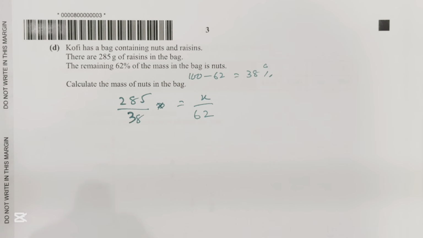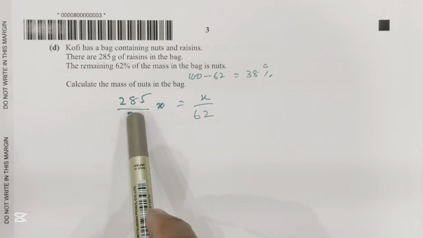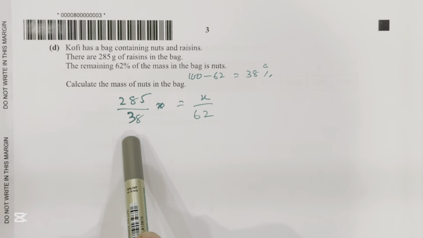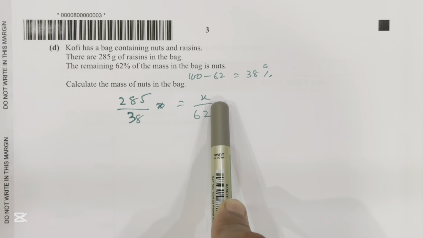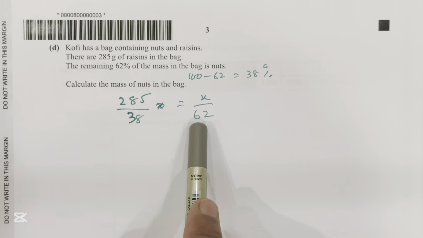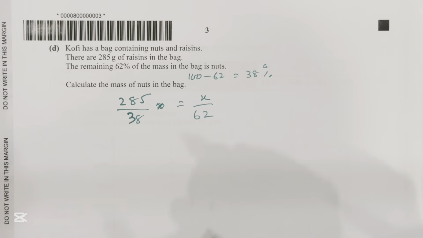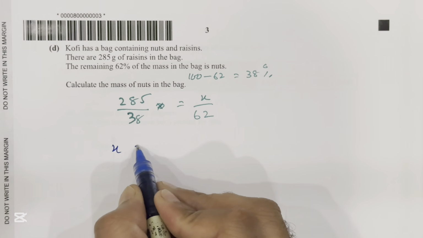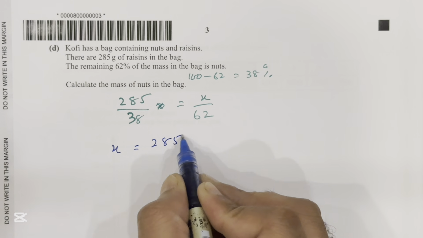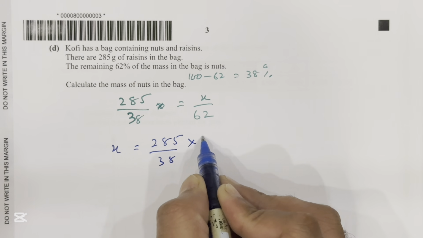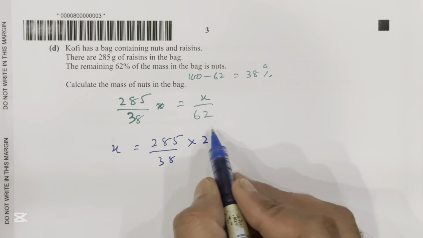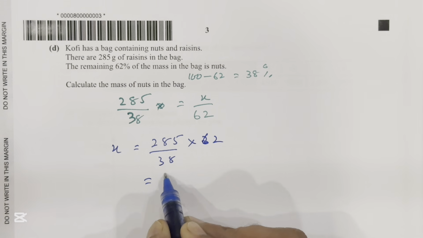We don't know the grams of the remaining 62% because 285 is represented by 38% raisins, and we have to calculate the mass of the nuts, that is represented by 62%. So you can cross multiply it to get the answer. Then x is equal to 285 over 38 multiplied by 62.